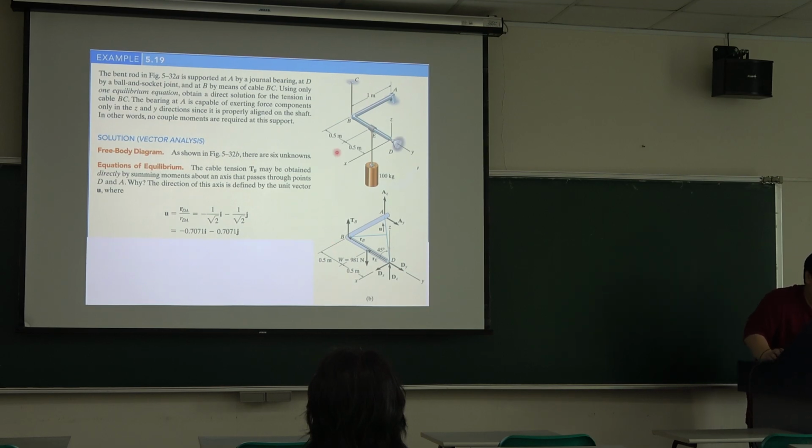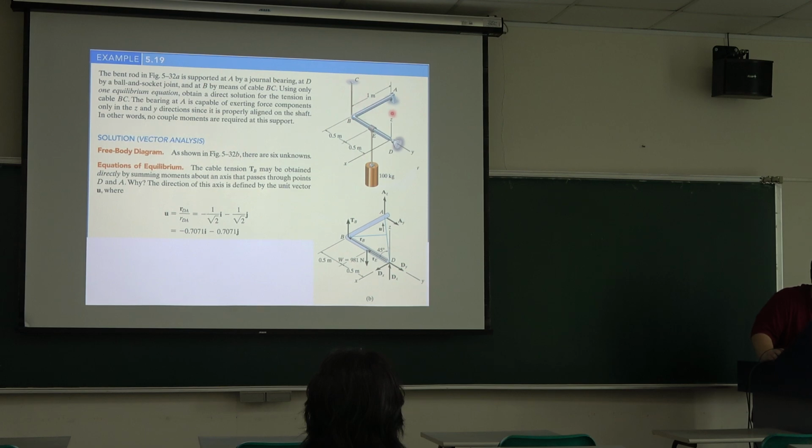The next example: the bent rod in this figure is supported at A by a journal bearing, at the point D by a bolt and a socket joint, and at the point B by means of a cable BC. Using only one equilibrium equation, obtain a direct solution for the tension in cable BC.